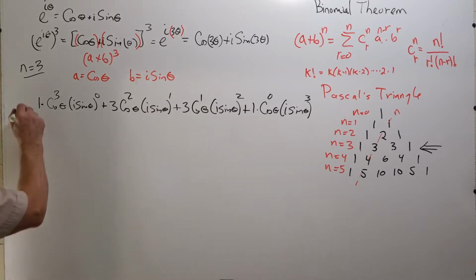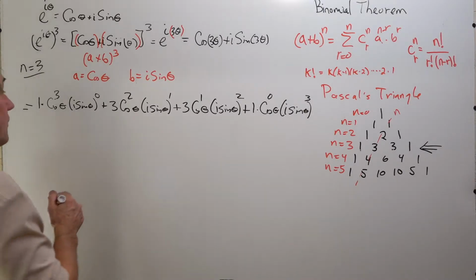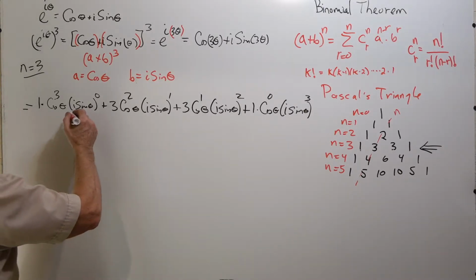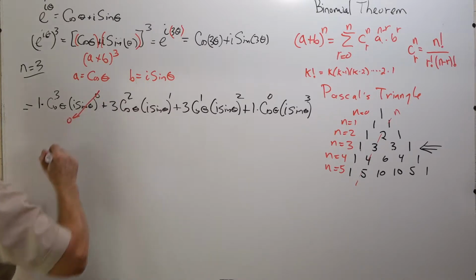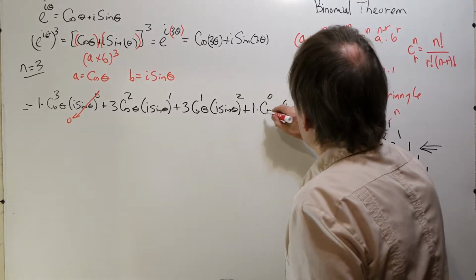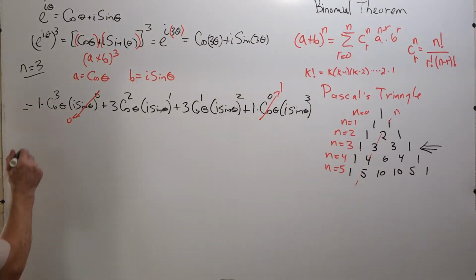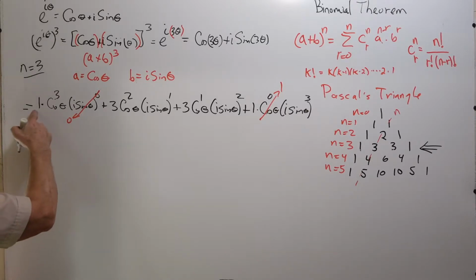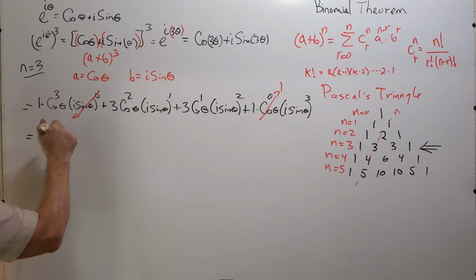Now, anything raised to the 0 power, whether it be a constant or a number or a function, is always equal to 1. So i sine theta to the 0 power is 1, and cosine theta to the 0 power is 1. Let's simplify.